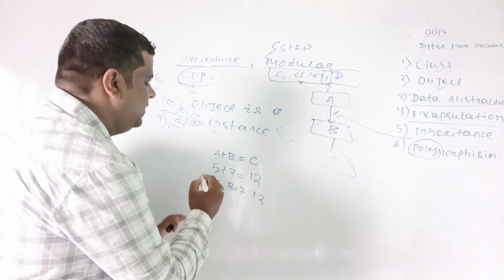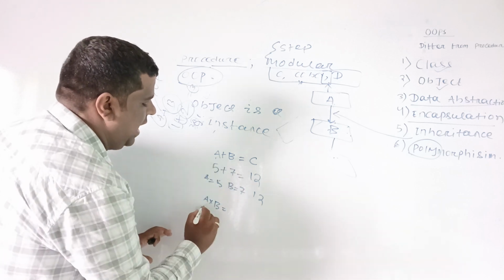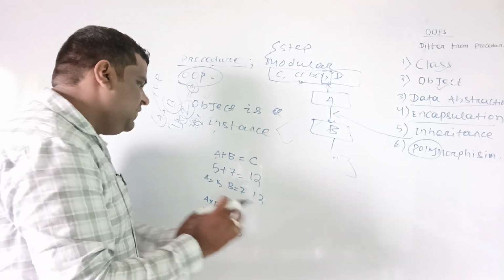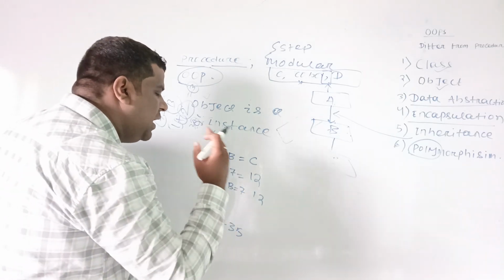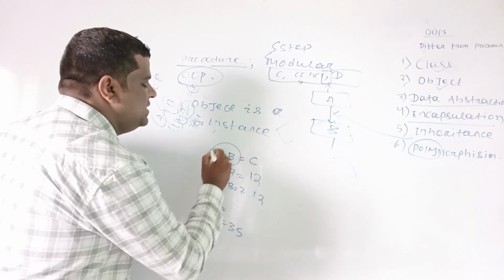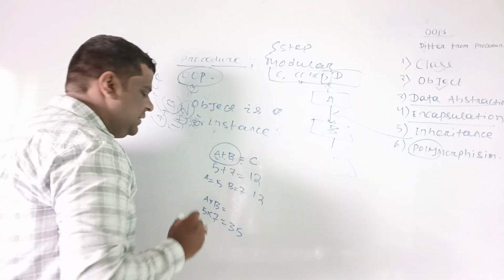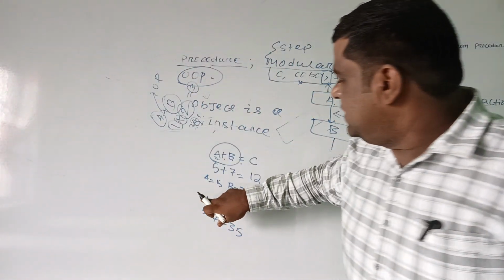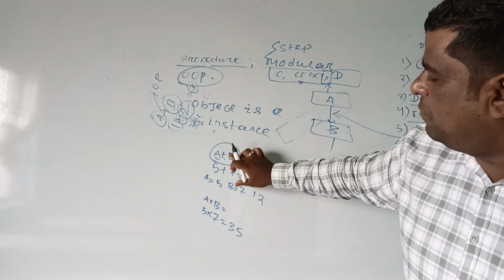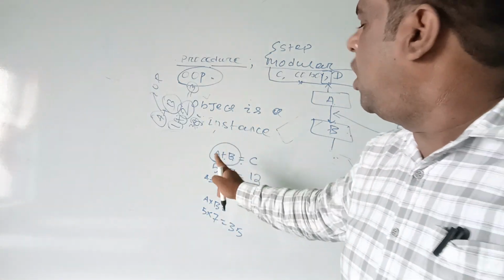If I go for A into B, where A is 5 and B is 7, it is 35. So the difference is it can be multi-form or many forms. The first one is addition, with 2 operands and 1 operator, and the second one is A into B. The value is different, but the operation has one operator and two operands.